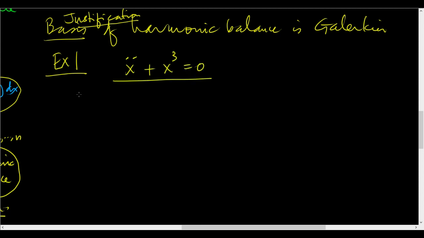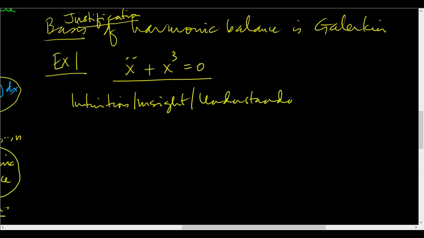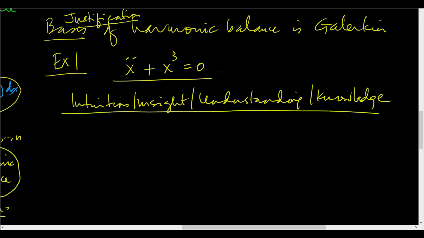Our intuition, insight, understanding, knowledge, these must enter the form of the solution we are posing. See, for example, if I have x double dot plus x dot plus x cube equals 0, every solution decays.